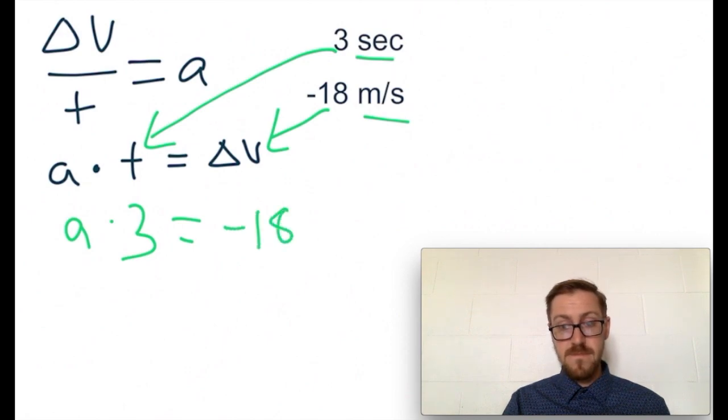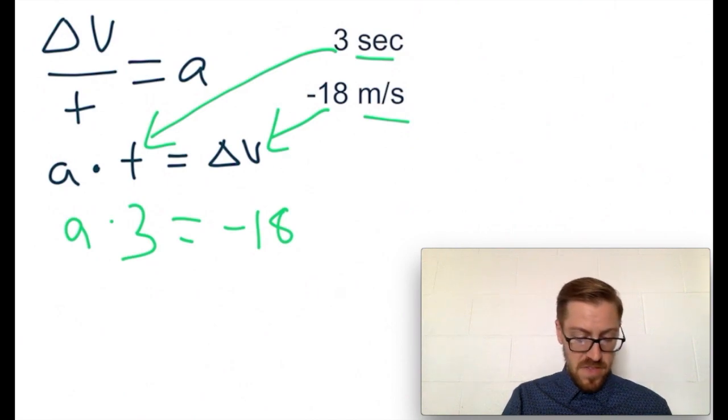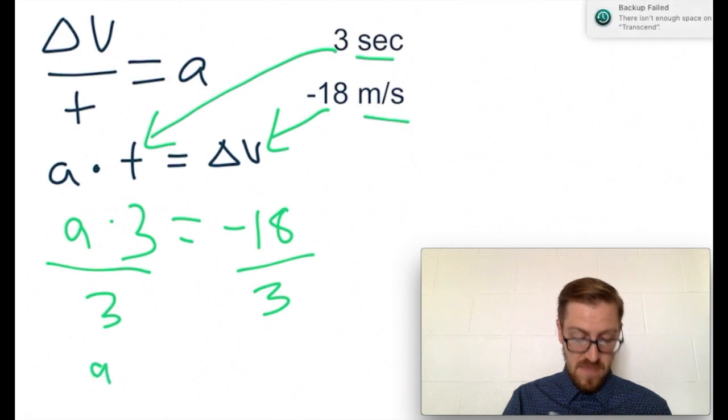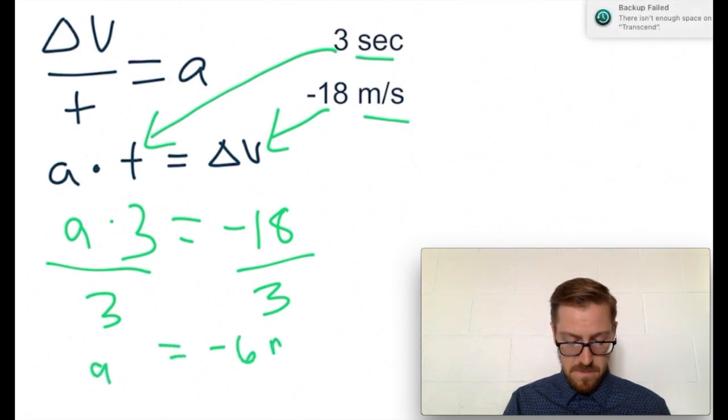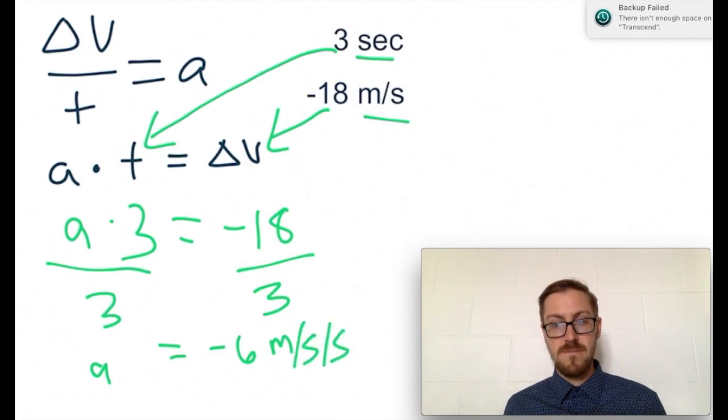It's just an easy algebra problem at this point. Divide both sides by 3. You're going to be left with A equals negative 6 meters per second per second. Ta-da!